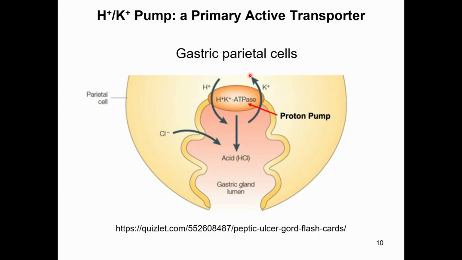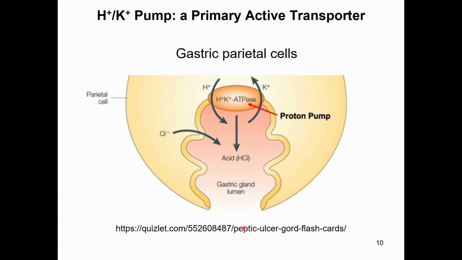So it's another exchanger pump. And this is open to the stomach down here. So if you're loading up the stomach with hydrogen ions, what's going to happen to the pH? It's going to go down. It's going to become very acidic, right? So basically, this is what makes the stomach acidic, and it's very important for digestion.